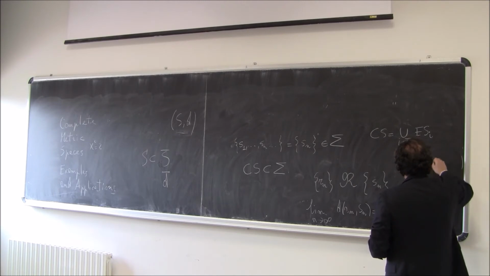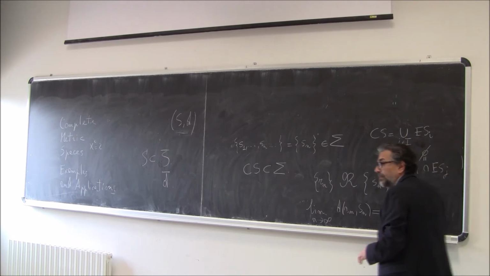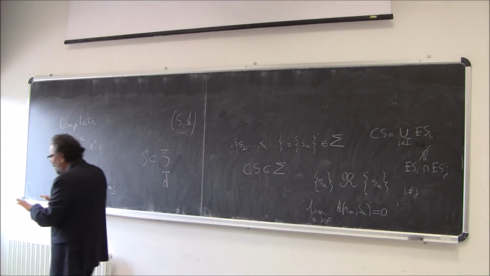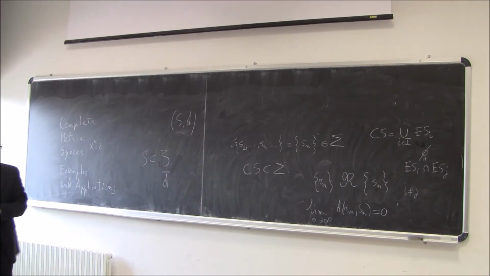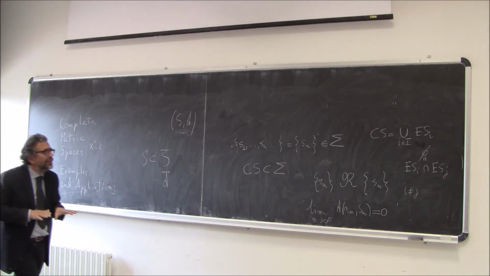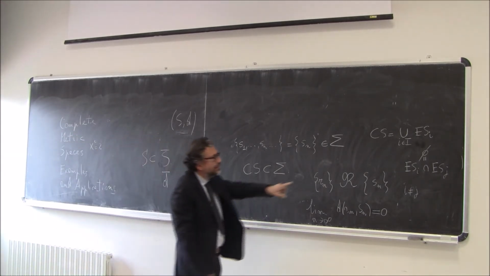ESI intersection ESJ, if I is different from J, is empty. So you have subsets of CS which have empty intersection, and their union is filling all CS.